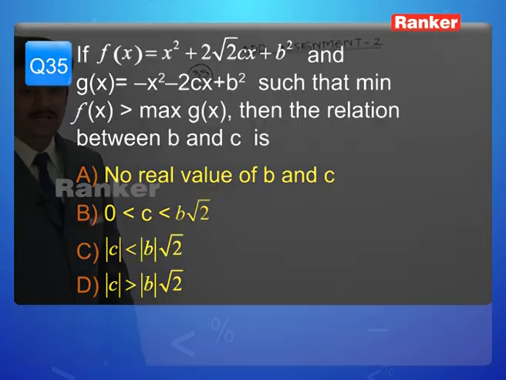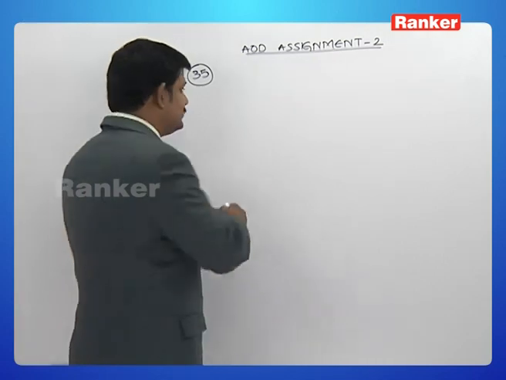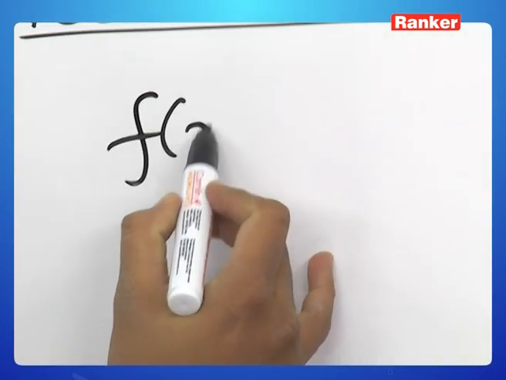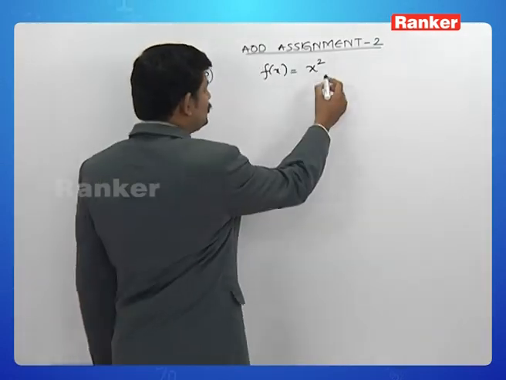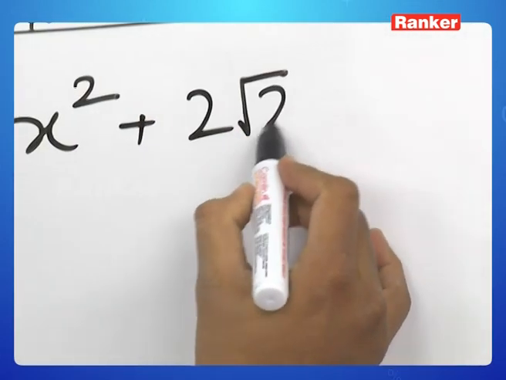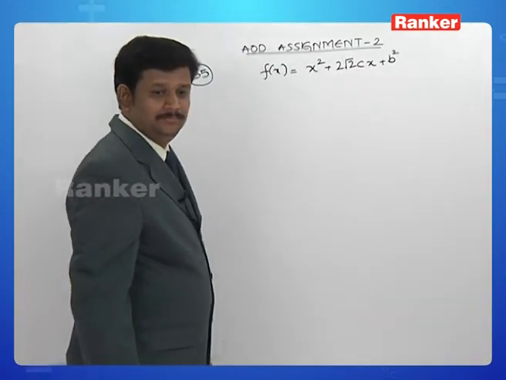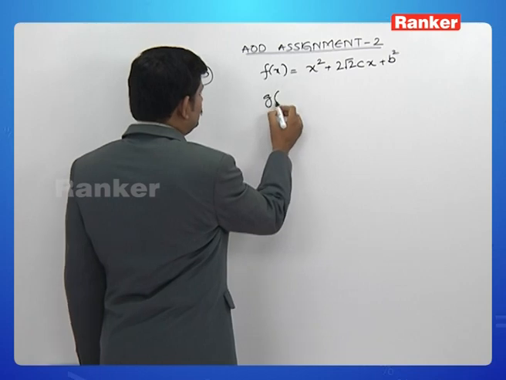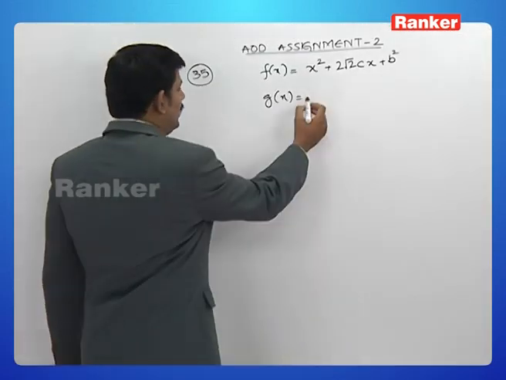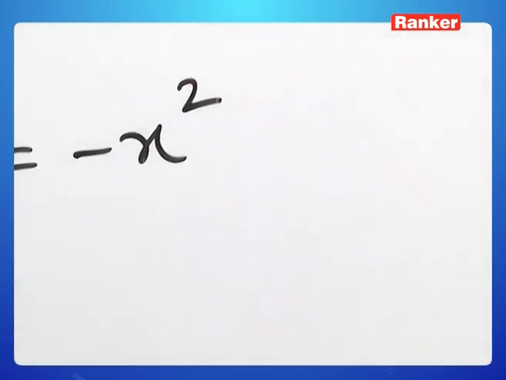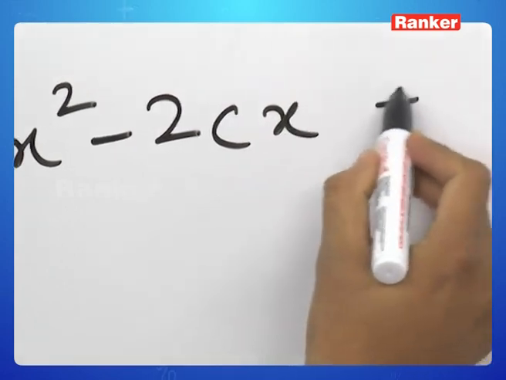It is given that minimum value of f of x and maximum value of g of x are two quadratics. f of x is equal to x square plus 2 root 2 cx plus b square, and g of x is equal to, this is also a quadratic, minus x square minus 2 cx plus b square.